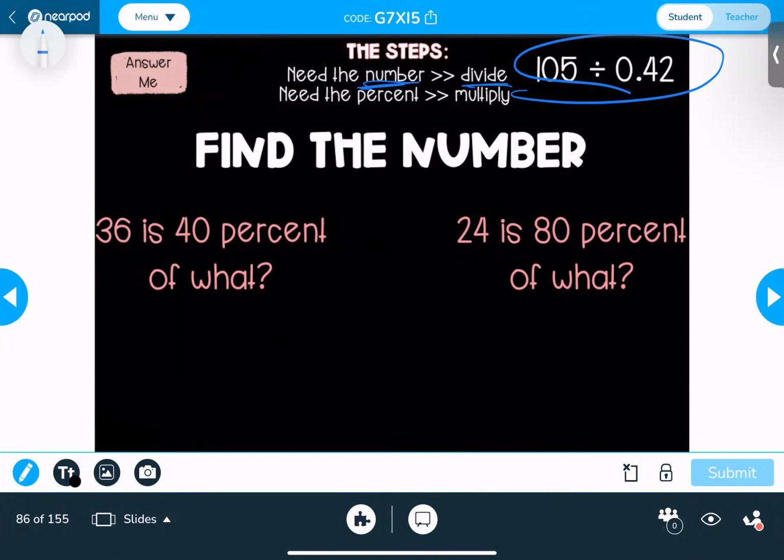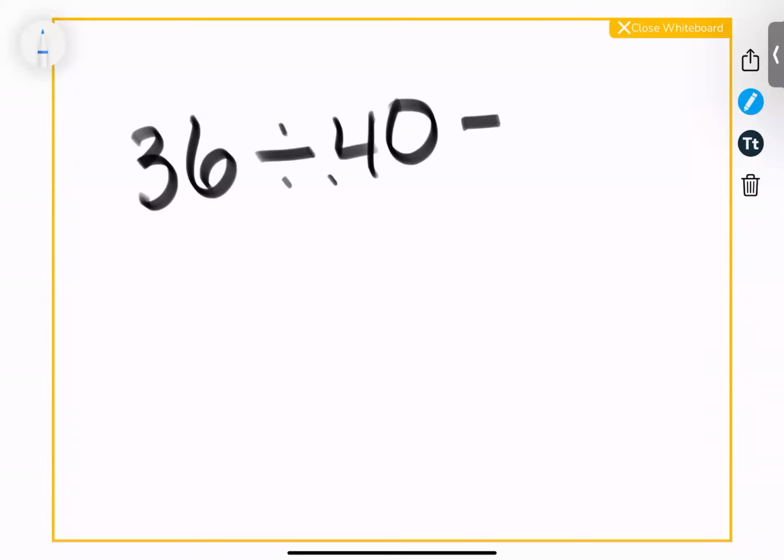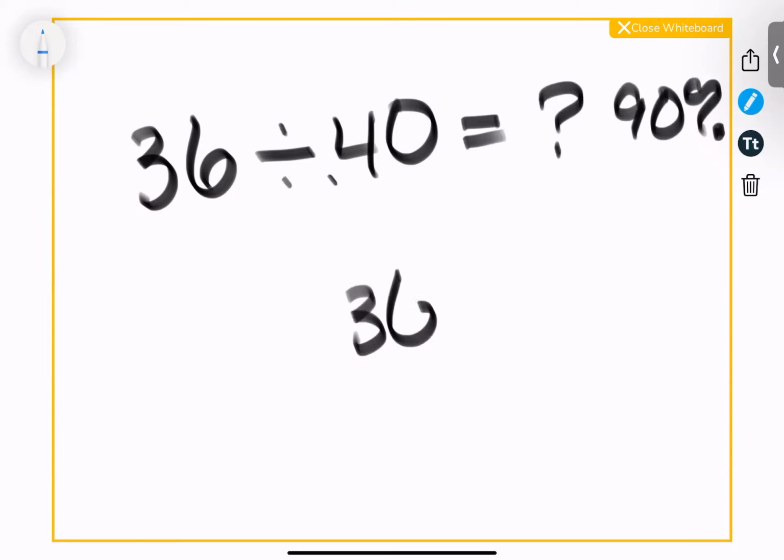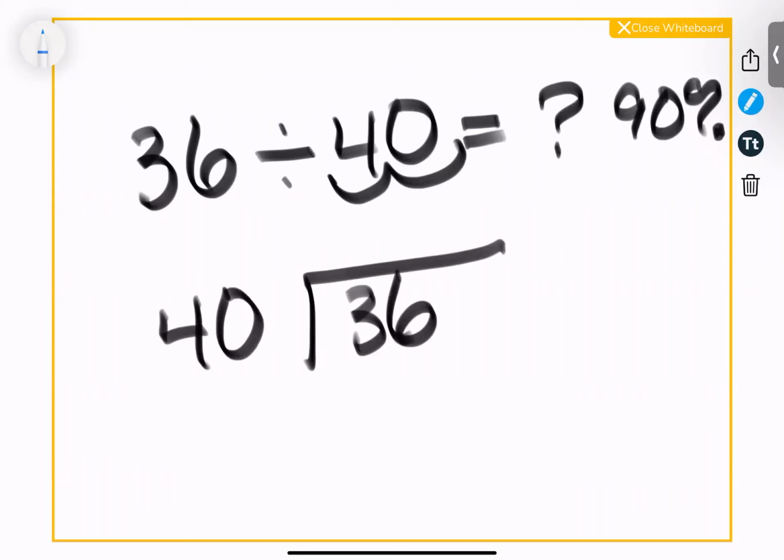All right, 36 is 40% of what? So 36 divided by 40/100 gives you 90. Remember, 36 in the house, 40 outside, decimal move twice, fill it in with zeros. It's really 3,600 divided by 40.